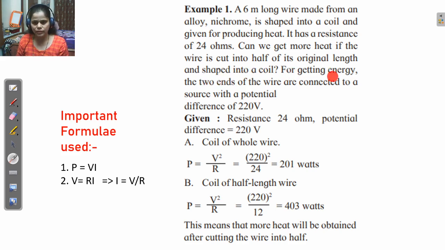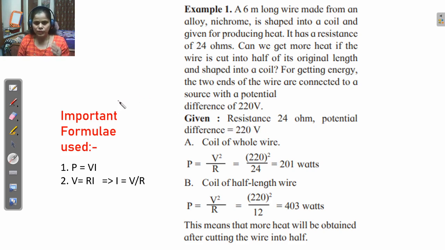For getting energy, the two ends of the wire are connected to a source with a potential difference of 220 volts. So what is given? The resistance is 24 ohms, and the potential difference is 220 volts.